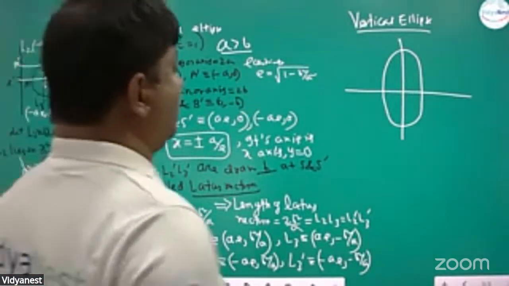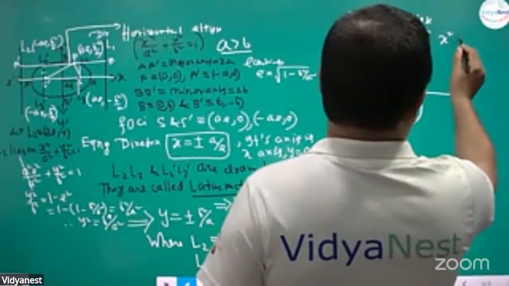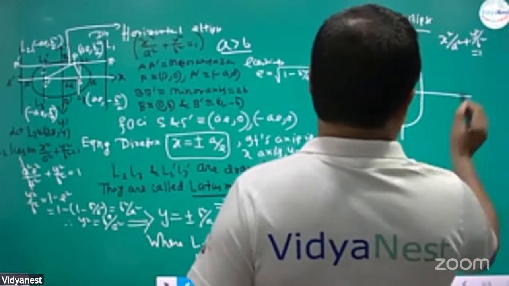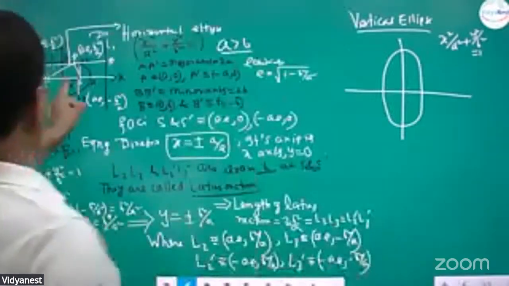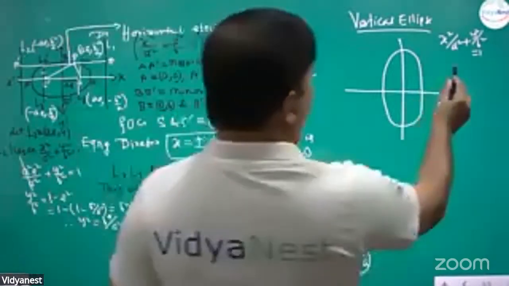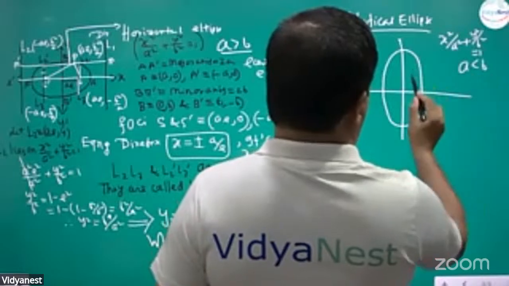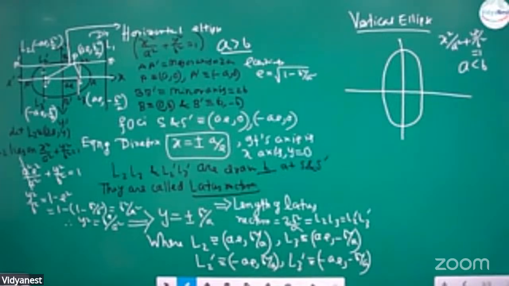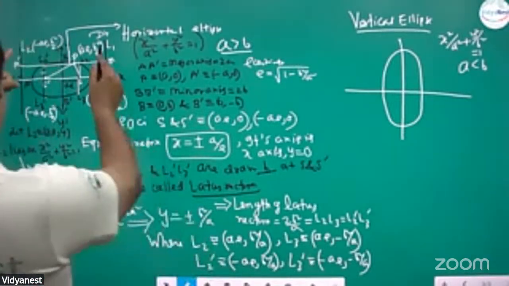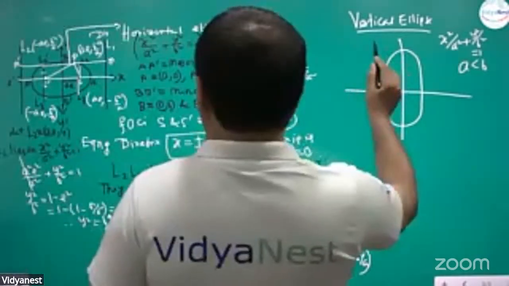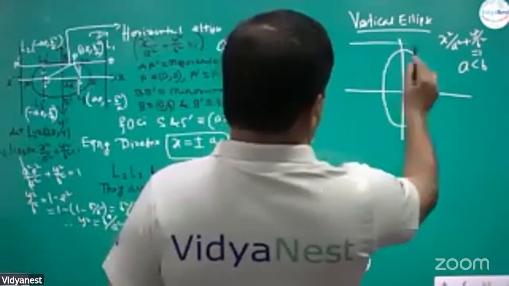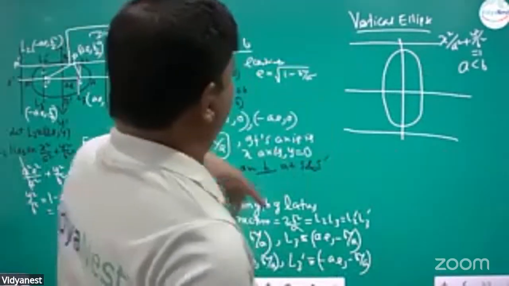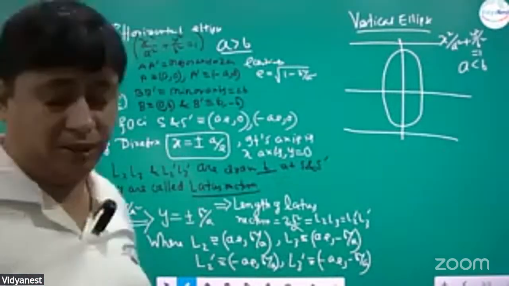The equation will remain the same, but here A was bigger than B, and now A is lesser than B. So here we got the directrix vertically, and now it will be horizontal. These two are the directrix.